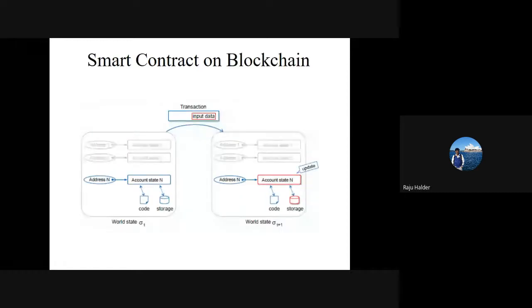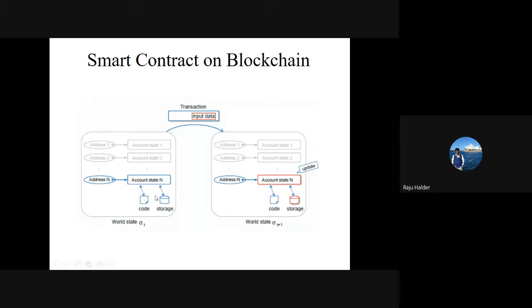So here, this is the blockchain. Suppose this is one block. In the block, you can store the smart contract code. And even in the blockchain, you will have some storage. You have to assign some storage for execution of this code, because if you look at Java code, for example, there are some member variables and some functions operating on member variables, right?